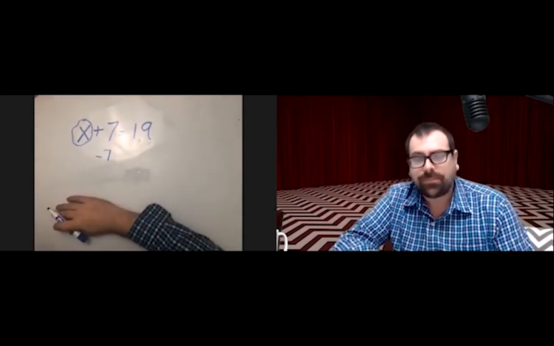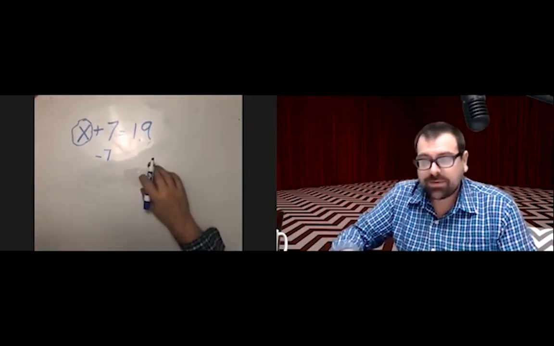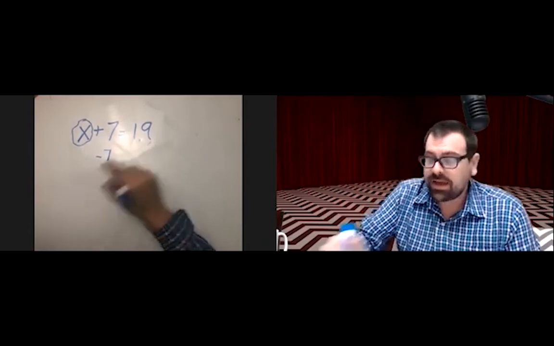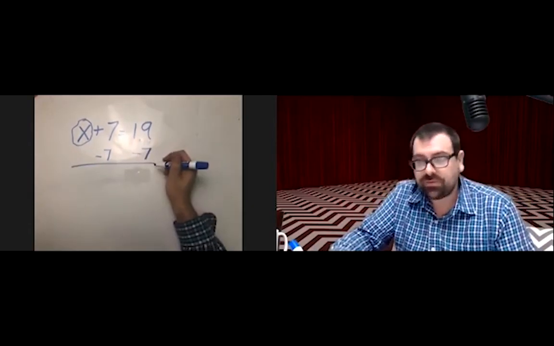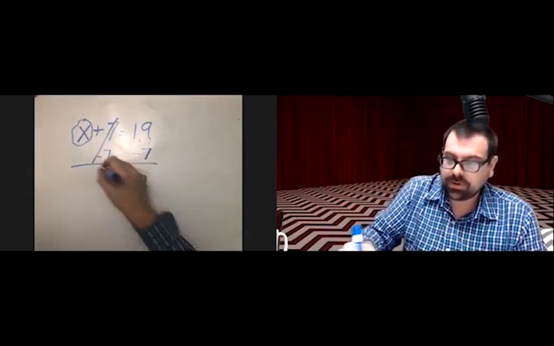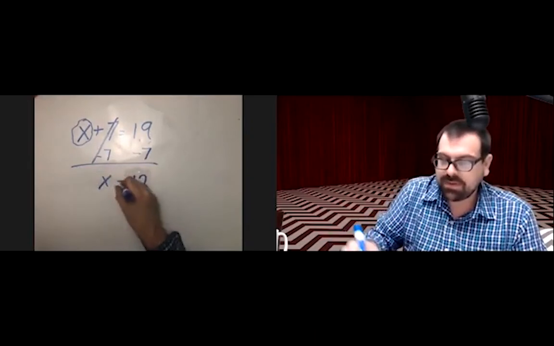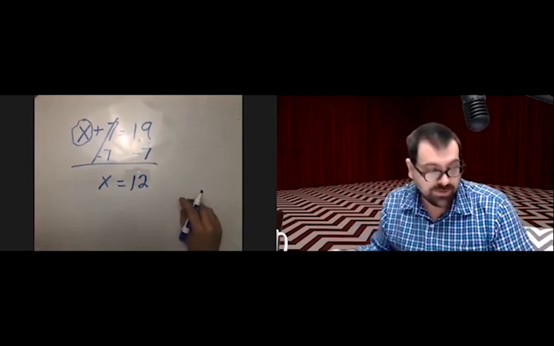Subtracting 7. An equation has to stay balanced. If we subtract 7 from the left, we have to subtract 7 from the right. Stayed balanced, we get our answer of x equals 12.